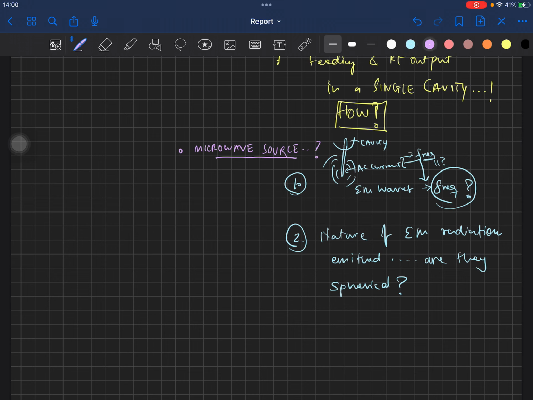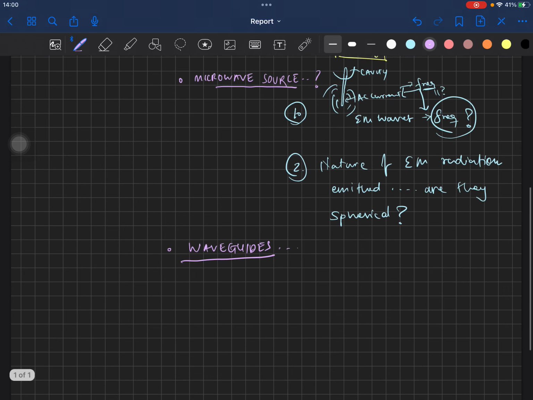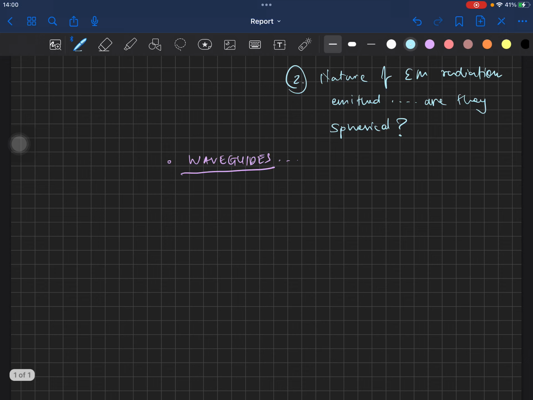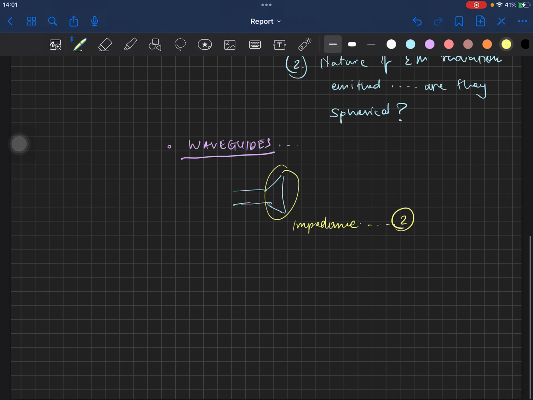Okay, and then the third part comes to waveguides. So you have a pyramidal waveguide here, right? Something like this in 2D. Now there are two aspects to this. This is an impedance aspect one has to solve, and then this rectangular waveguide.